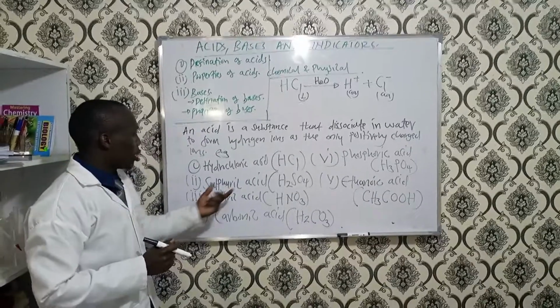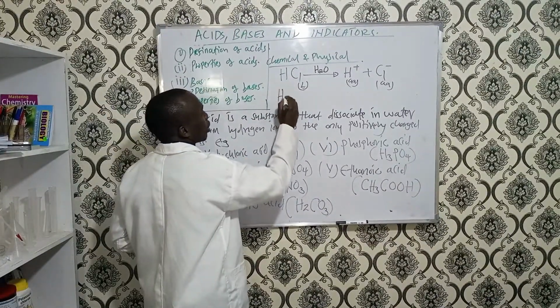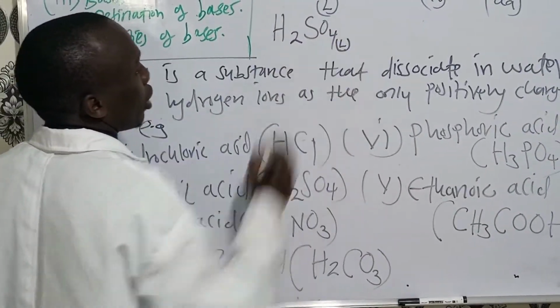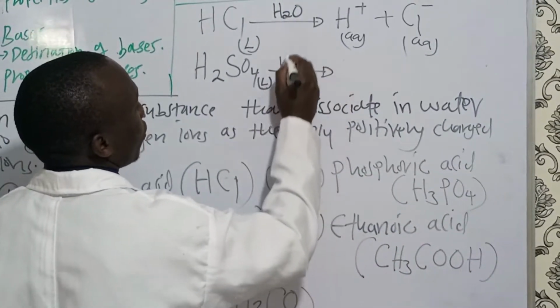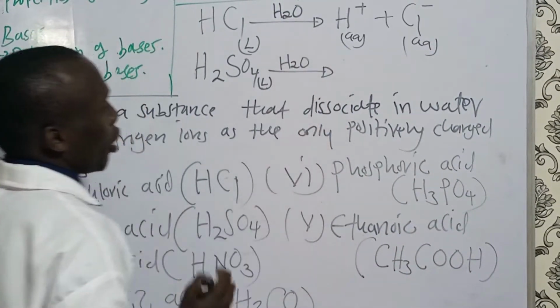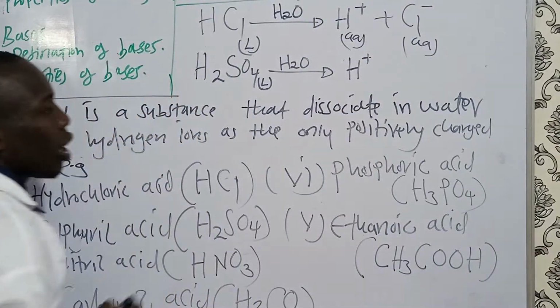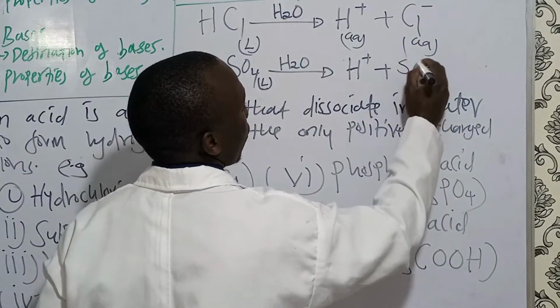If you take a look at the dissociation of sulfuric acid, which is H2SO4, in concentrated form, that is a liquid form, it will dissociate in water to give hydrogen ions as the only positively charged ions, and the sulfate ions.